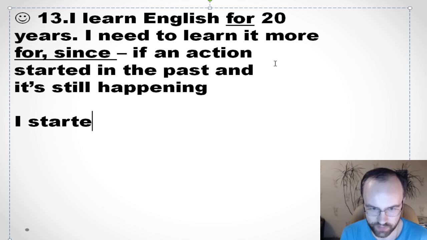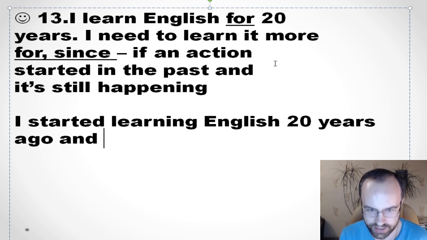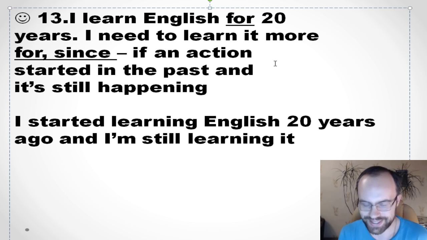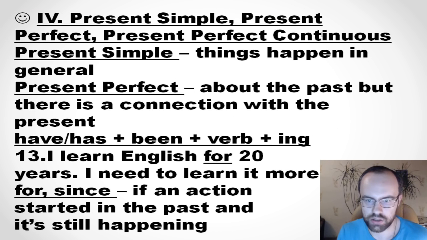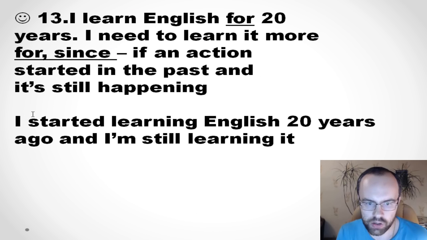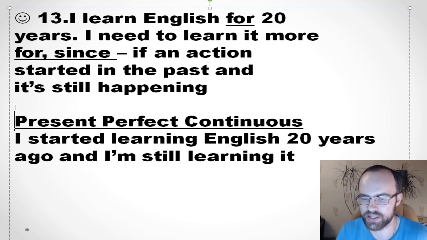This information is very important. And I'm still learning it. So that's the idea of this tense, which we call present perfect continuous.